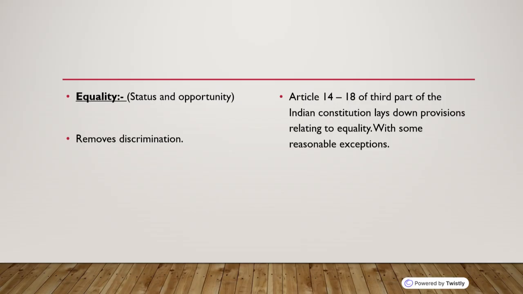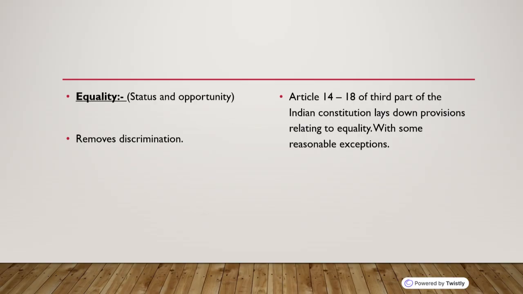Another term is equality. So, equality of status and opportunity. Equality is nothing but removing all the discriminations. The rights of equality were enshrined in Part 3 of the Constitution, which are fundamental rights.